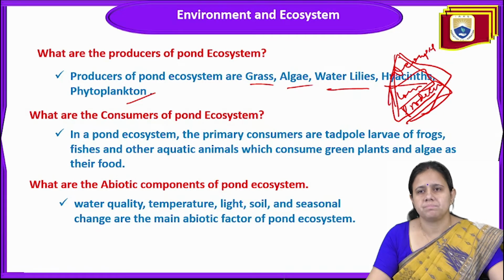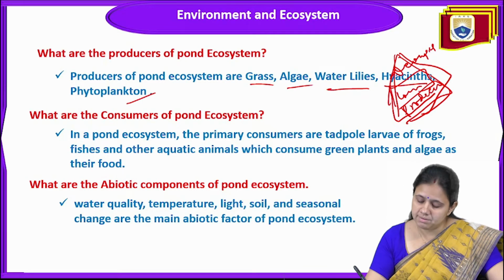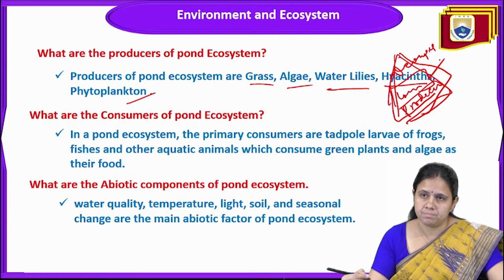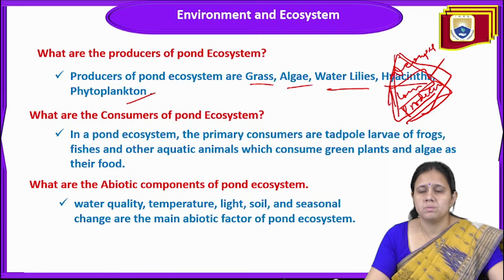Next is the next trophic level of this pond ecosystem, which means the consumers of the pond ecosystem. The primary consumers are tadpole larvae of frogs, fishes, and other aquatic animals that consume green plants and algae as their food.